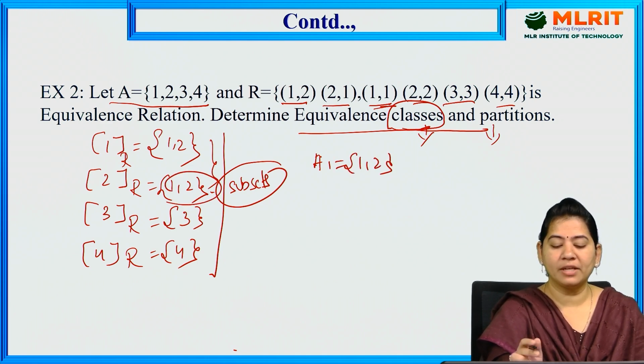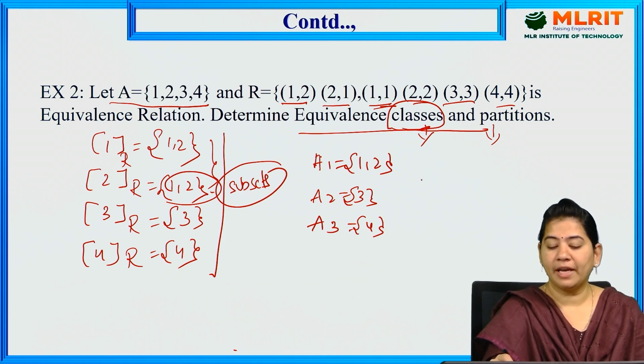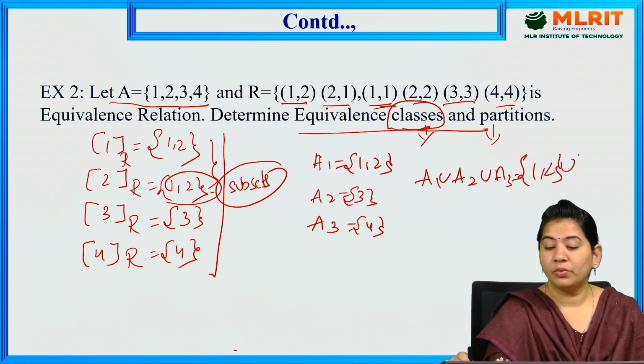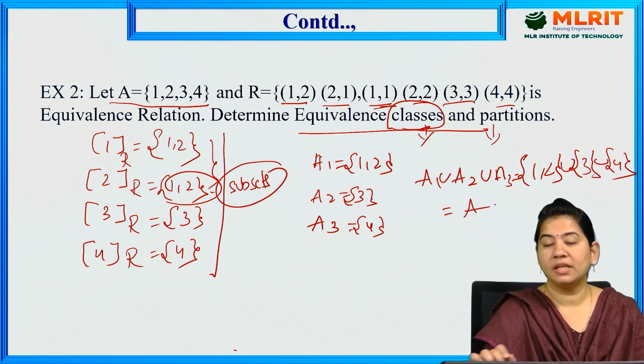As we have {2} also, I am considering only one of them. A2 = {3} and A3 = {4}. Now, if I apply union between these, I will get the original set. Why? Because {1, 2} union {3} union {4} gives the original set.